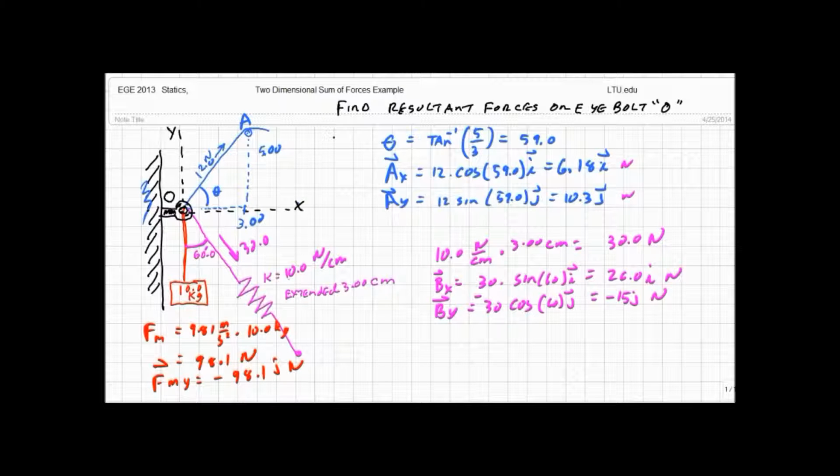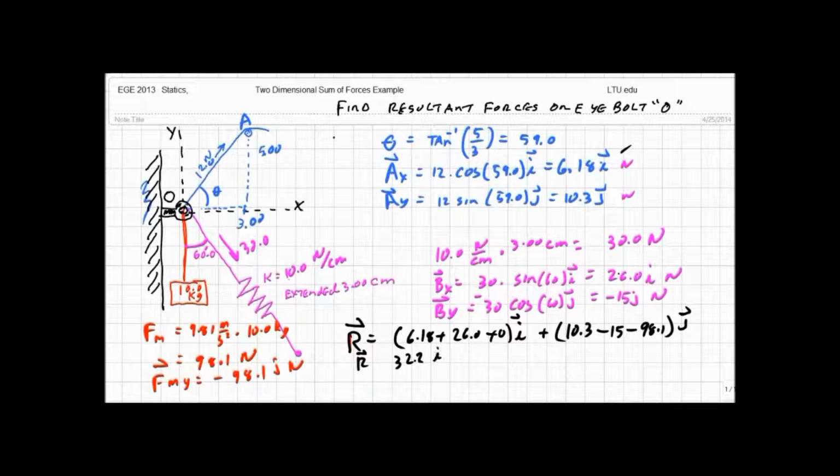I can calculate my resultant vector, we'll call that R. If I sum up all of the X components, I've got 6.18 plus 26.0 plus 0, so I don't need anything there, I. Plus, in the Y direction, I have 10.3 plus, actually it's a minus 15, not minus 15, and minus 98.1 J. That gives me my resultant vector equals 32.2 I minus 114 J.